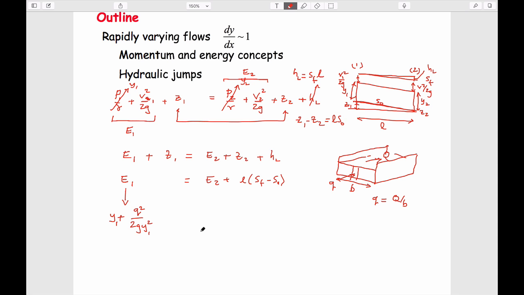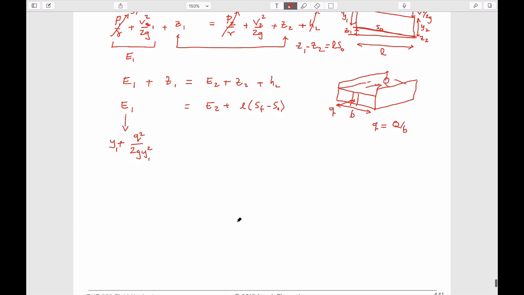We showed also that we could represent this behavior on a graph, since we can define this behavior here. We could also write E1 is equal to this. And so in equating this to this term, if we have a given flow rate and we know gravity, then the only two terms we have in here are y and e.